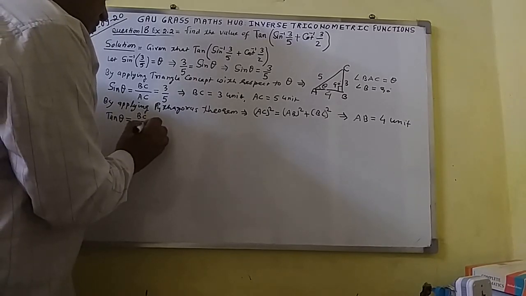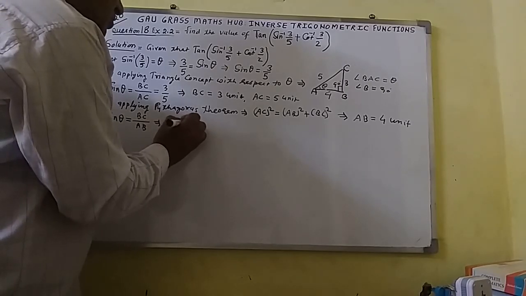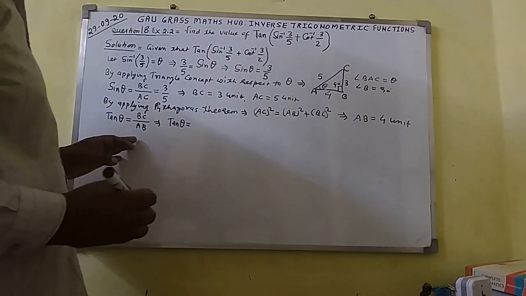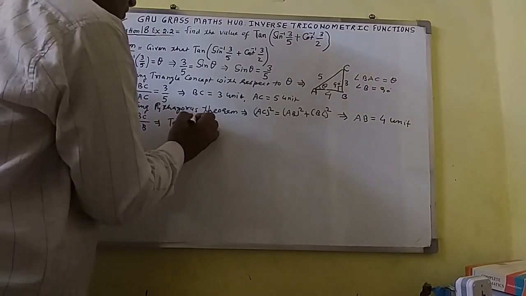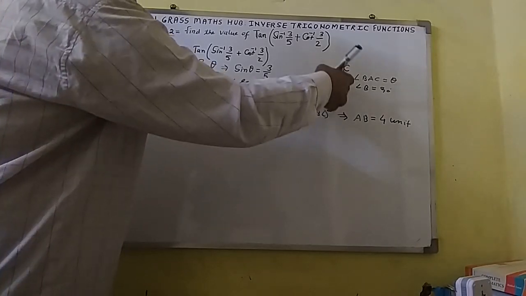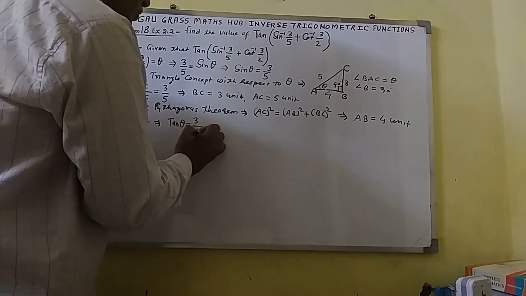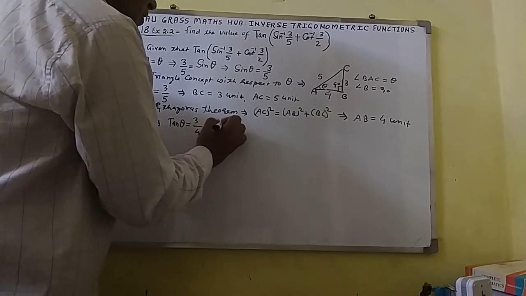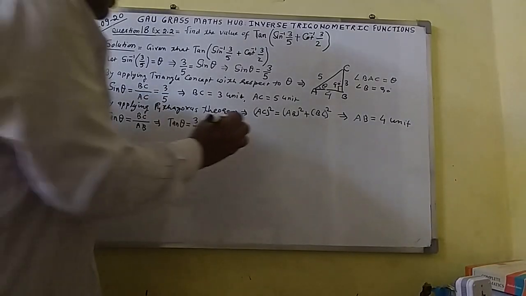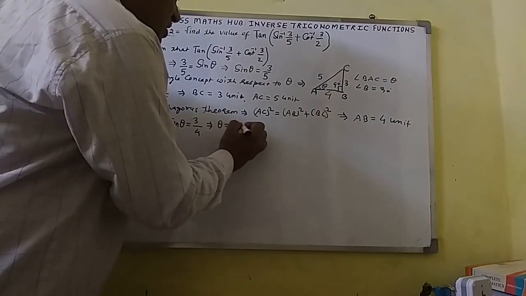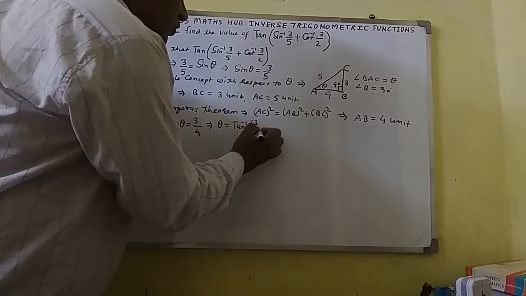The value of BC is 3 over the value of AB, which is 4. So tan theta equals 3 over 4, so theta equals tan inverse 3 over 4.